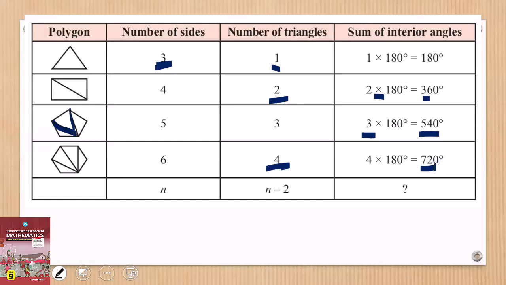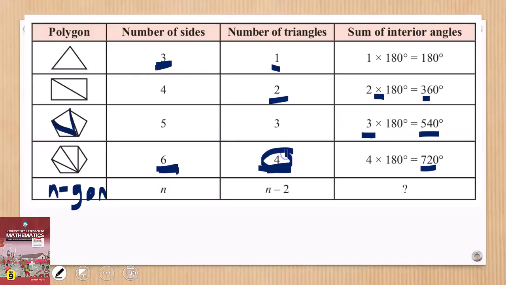If this continues and I have n number of sides, an n-gon, then the number of triangles created will always be the number of sides minus 2.